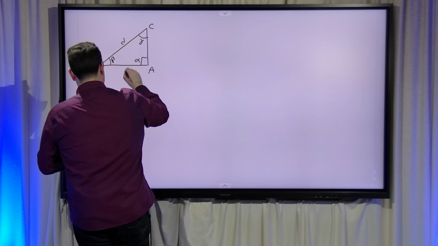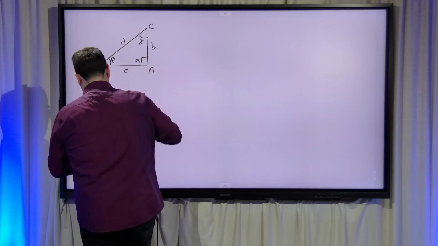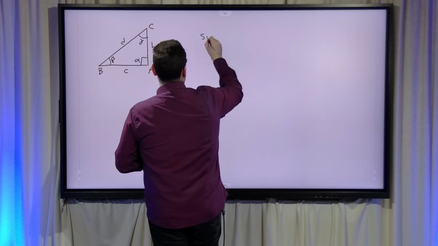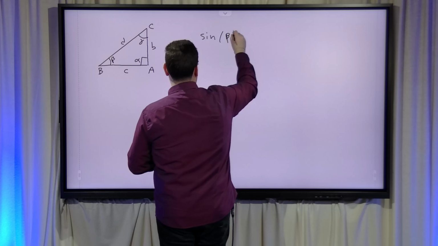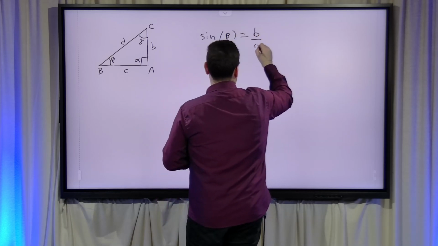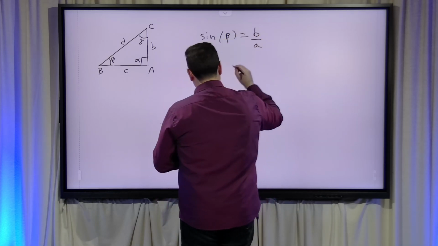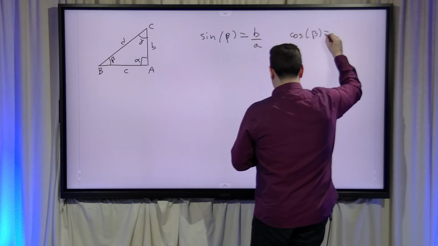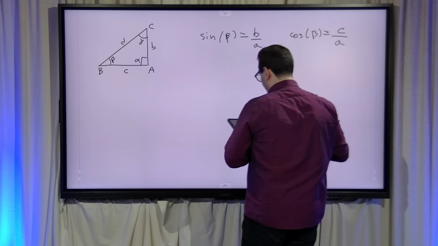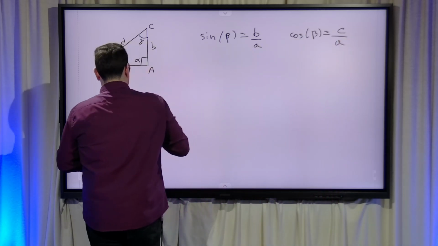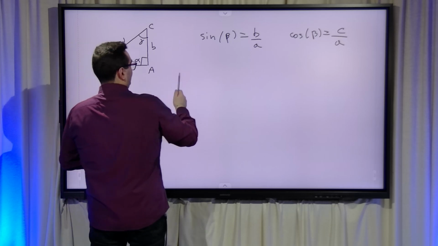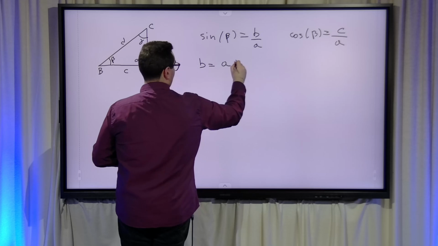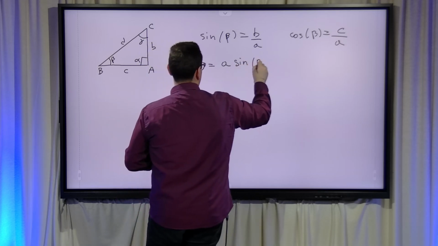These sides are A, B, and C. From the previous results, we can say that the sine of beta is B over A. The cosine of beta is C over A. So what I'm saying is that I can write B as A times sine of beta.